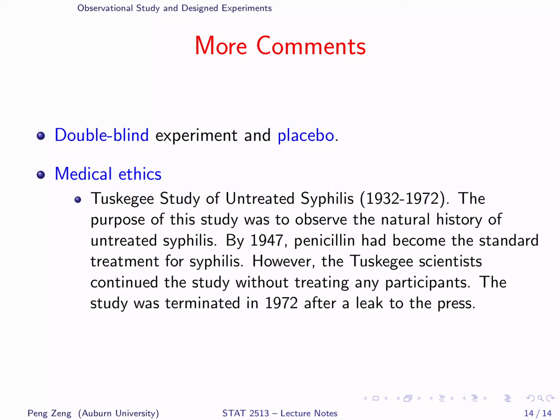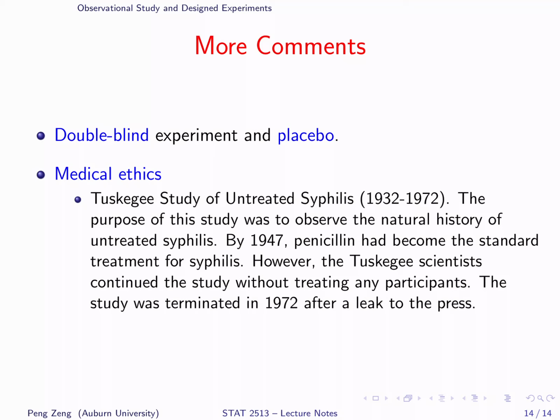This study was terminated in 1972 after a leak to the media. This is a lesson to all scientists. In movies, there are always some crazy scientists, but in reality, it is not allowed. Before a study is allowed to start, we need to check whether it follows medical ethics.